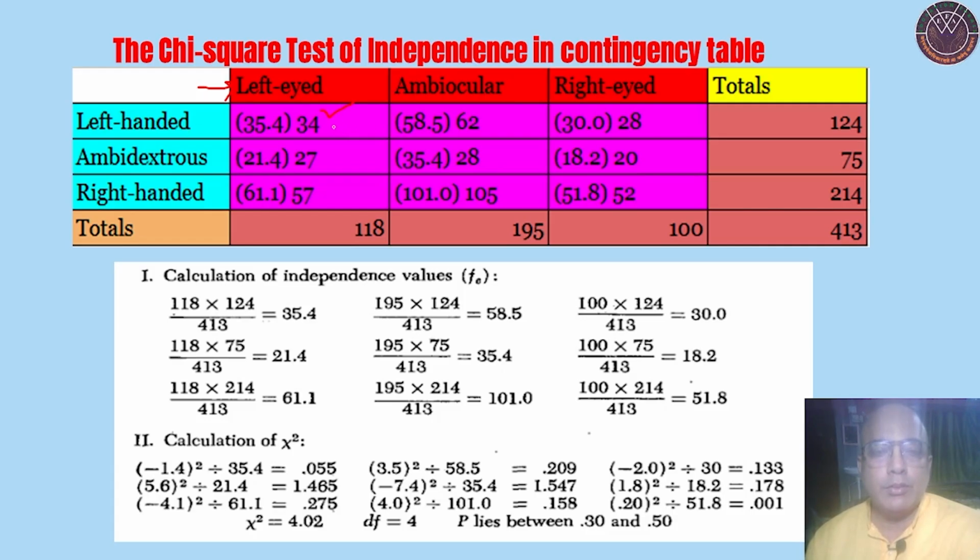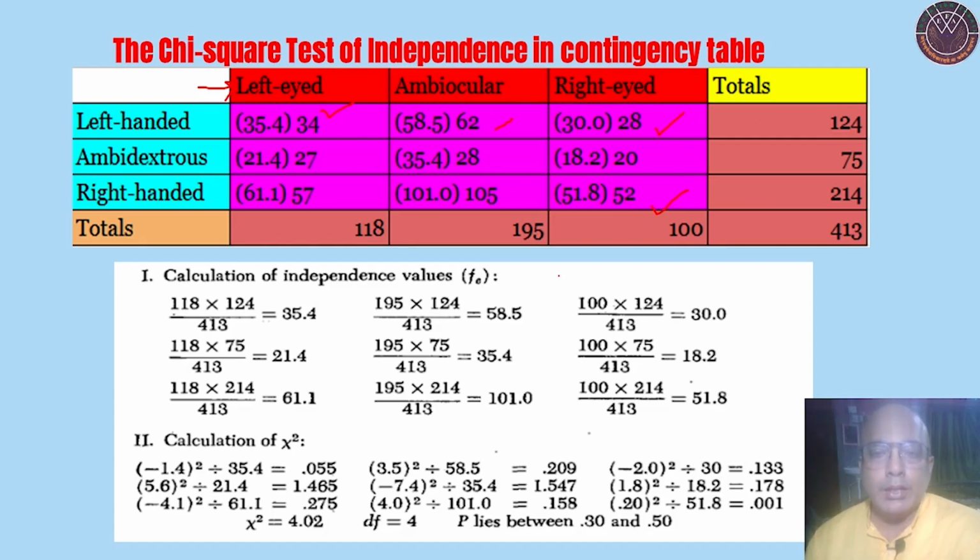The figures outside the parentheses are the observed figures: 34, 62, 28. Right-eyed persons who are left-handed are 28. Right-handed persons who are right-eyed are 52. So the figures outside the parentheses are the observed frequencies.